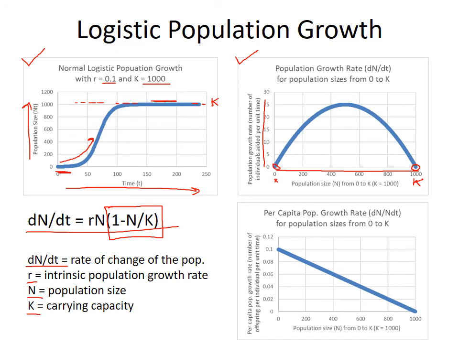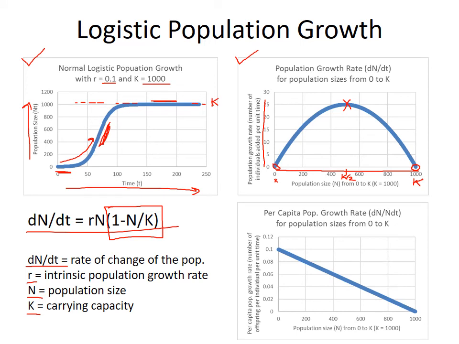Where you have a large value for population growth is when population is about halfway to the carrying capacity. Sometimes this is expressed as K over 2. And at that point, the population is growing at its fastest, and that's where the slope of the increase would be fastest in the other graph.